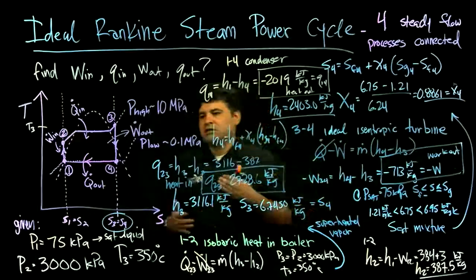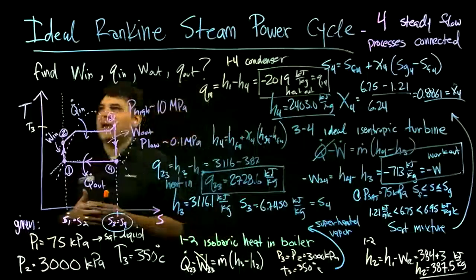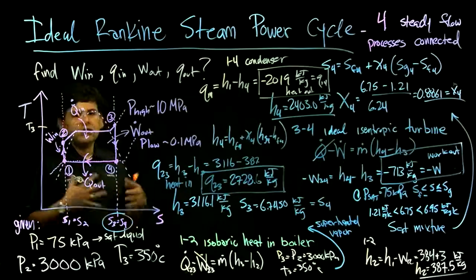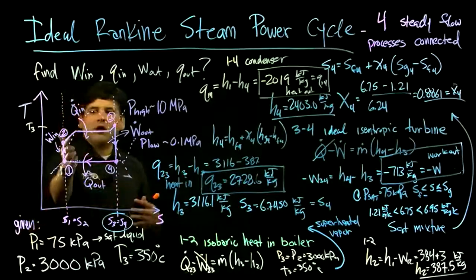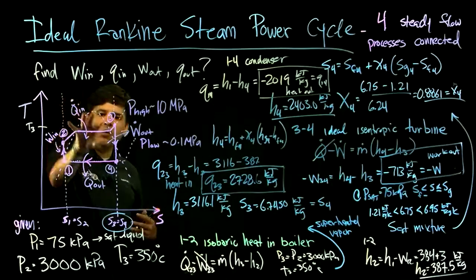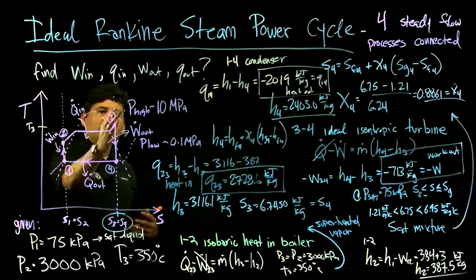We don't do this a lot in California. In San Diego, we used to do this at the nuclear power plant in San Onofre to use a nuclear reactor to boil water. This heat in came from a nuclear reaction, high temperature to boil the water to bring it to superheated vapor.